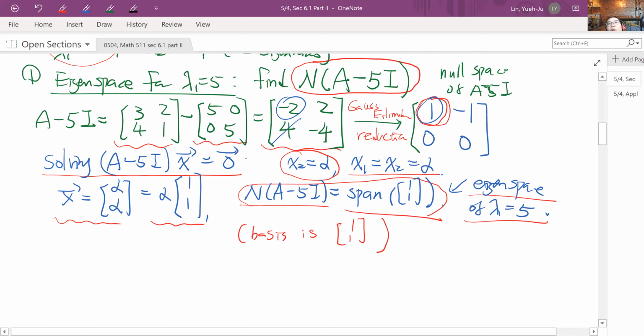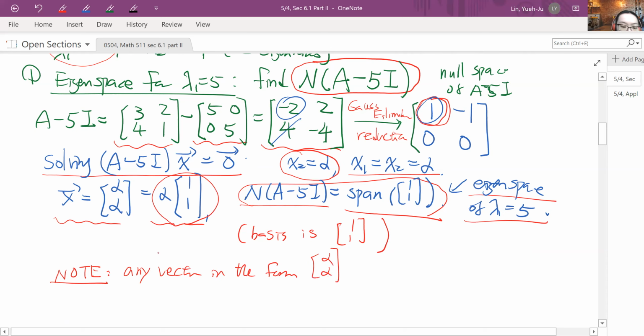But if I ask you a little bit more conceptual question, what would be a possible individual eigenvector? One remark I want to make is that this expression of the null space tells you that any vector in this form, because we solved x to be (alpha, alpha), or rather any non-zero vector in this form, can be an eigenvector of this eigenvalue.